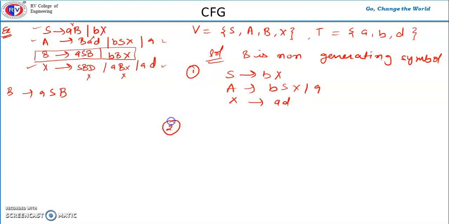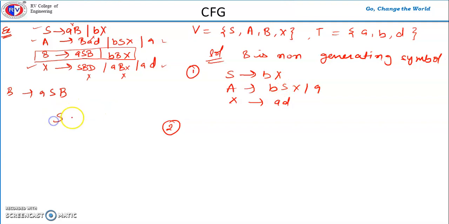Step 2, we have to find the non-reachable symbols. Non-reachable means it is not reachable from the start symbol. Whenever I derive any string, I always start with the start symbol of the context free grammar.